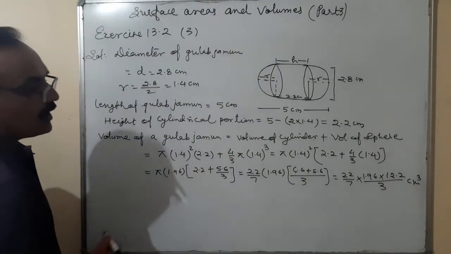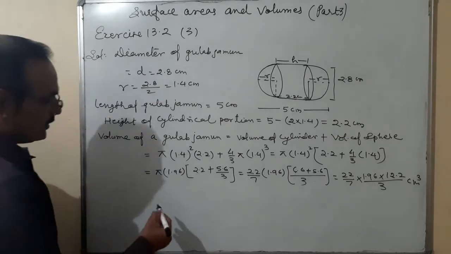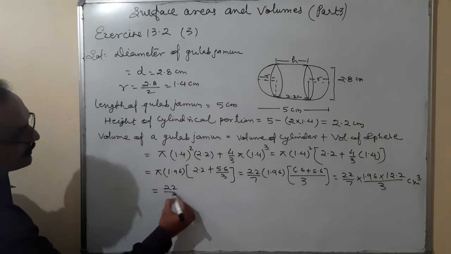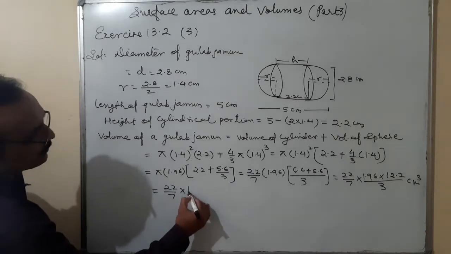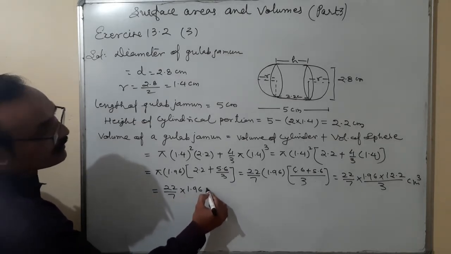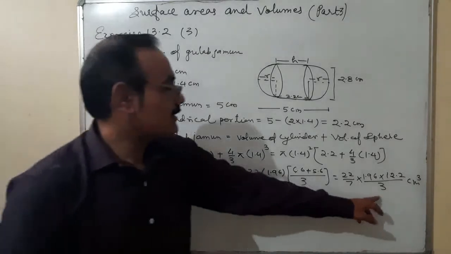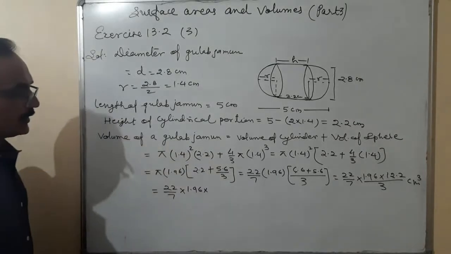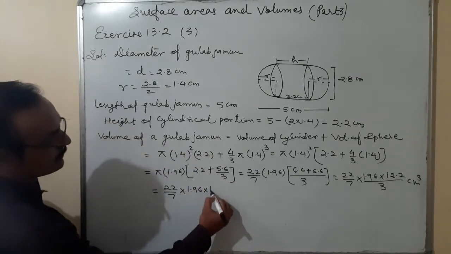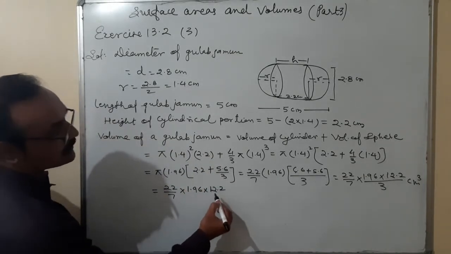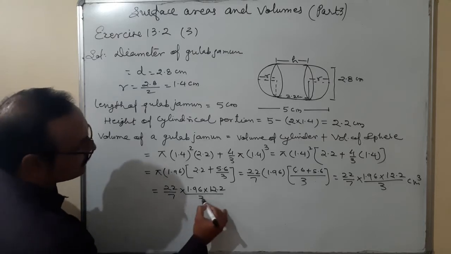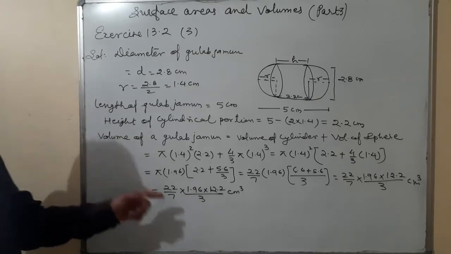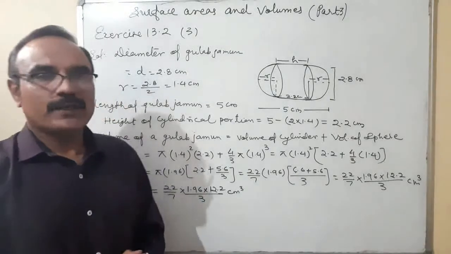This is the volume of a gulab jamun: 22 upon 7 into 1.96 into 12.2 upon 3. It will not be cancelled, so it will remain as it is. And how many gulab jamuns are there?